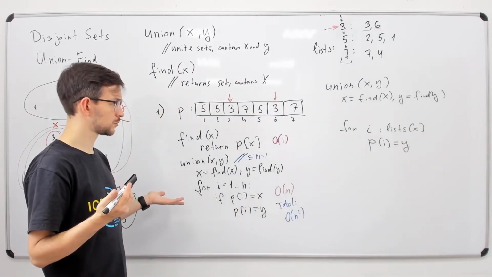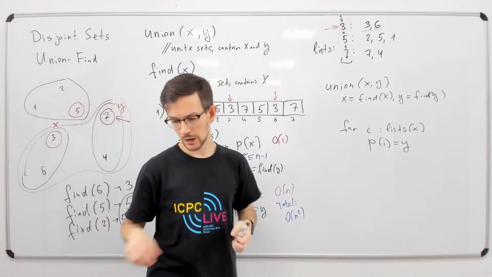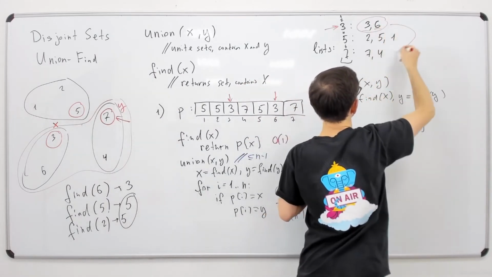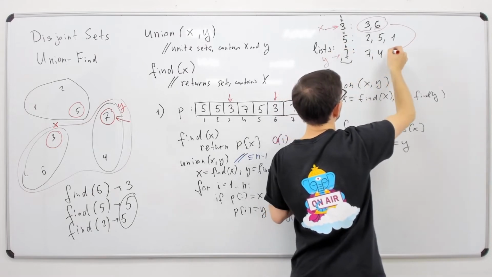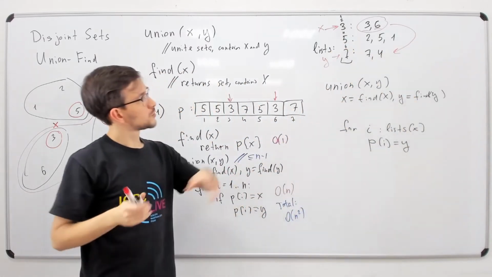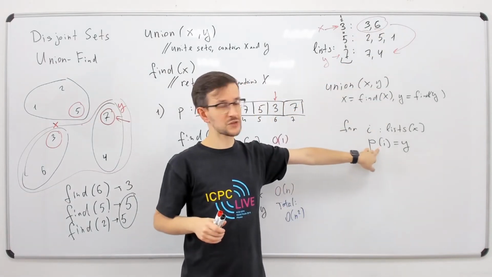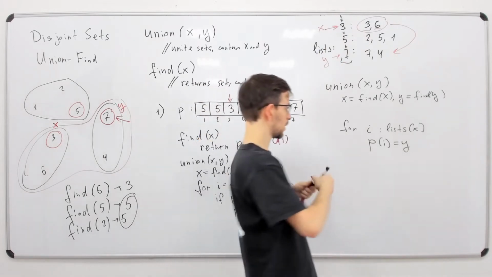That's all. And we also need to fix the lists. We also need to transfer these elements from this list to that list. So this is X, this is Y. We need to iterate over all these elements, change the representative to Y, and move these elements to this list.